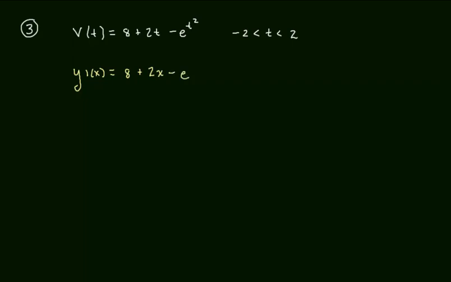Let's show you the syntax in case you're struggling to get that to be exactly what you want. We're going to say 8 plus 2x, that part's fine, minus e to the power of, now the parentheses will come up, and we'll say x to the power of 2. So that's exactly how you would type that one in.